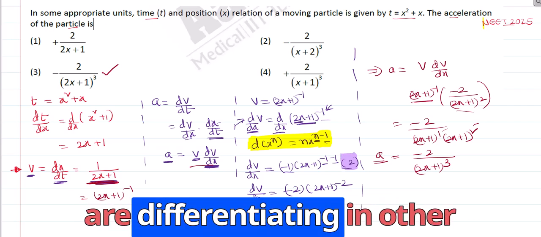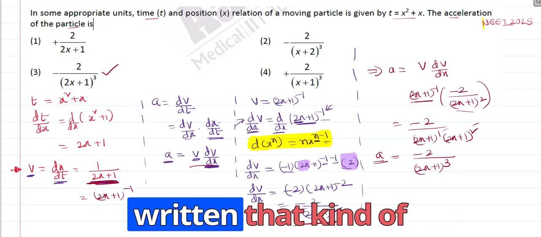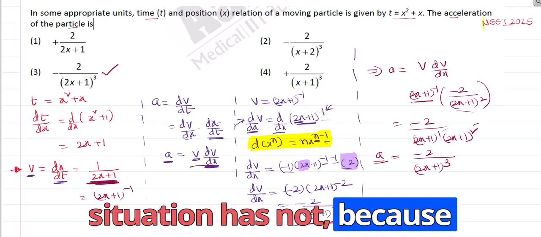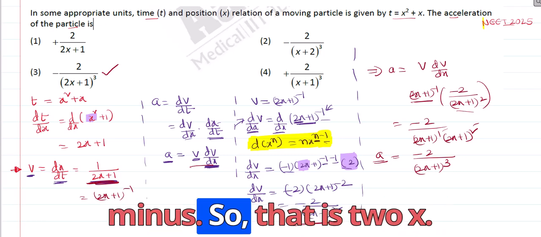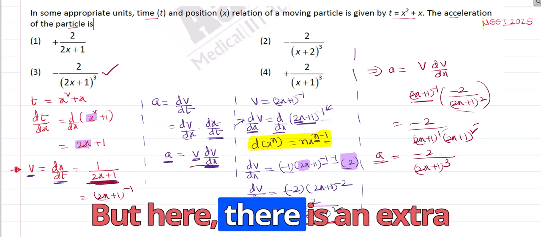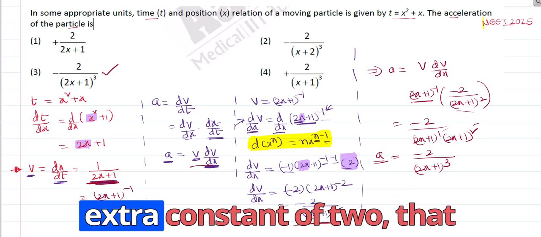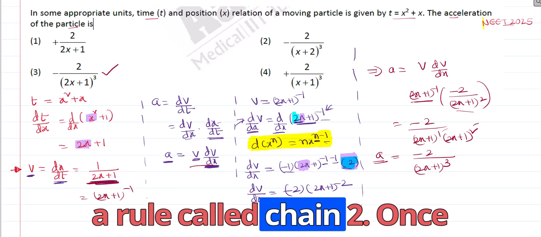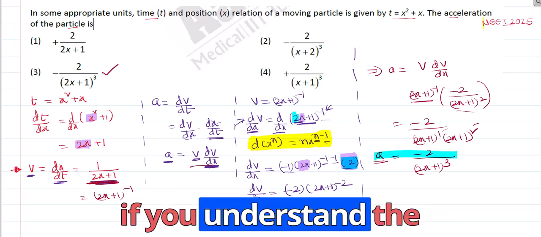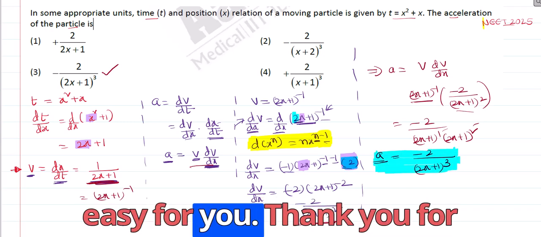When you are differentiating, there is an extra term: you are differentiating with respect to x, and there is an extra constant 2 that has to be taken care of using the chain rule. Once you understand that, solving this kind of problem is easy for you. Thank you for watching.